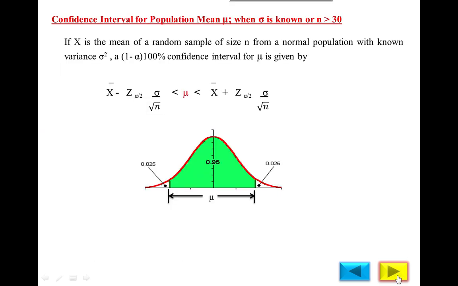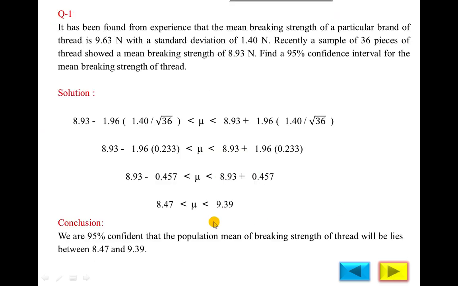If any given value is outside the range, it indicates reject the null hypothesis. If the value lies within the range, it means accept the null hypothesis. But here we are using the same data, so you can compare with the previous question of testing of hypothesis. We rejected the null hypothesis. So the range of the population mean will lie between this and this.